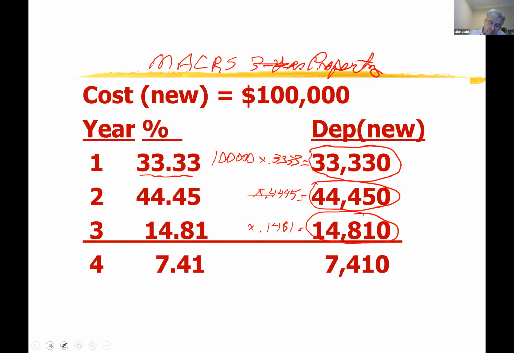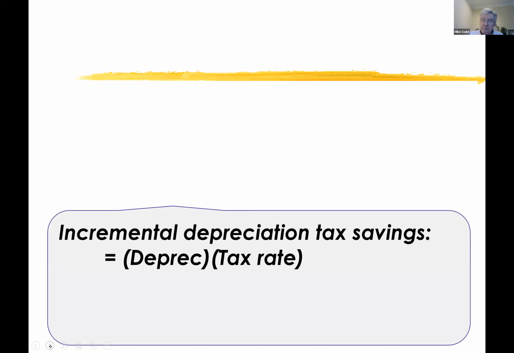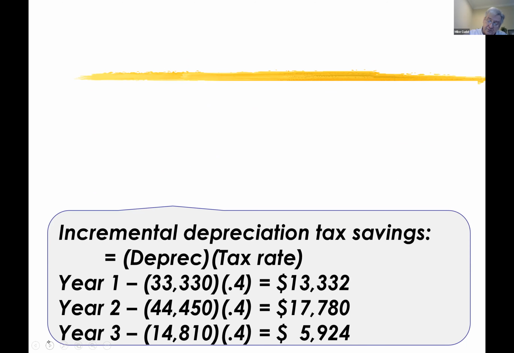But depreciation is a non-cash expense, but it is tax deductible. So it produces tax savings. So we would multiply each depreciation expense figure by our tax rate to get our tax savings from the depreciation deduction.